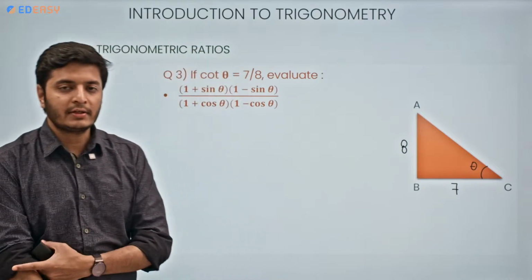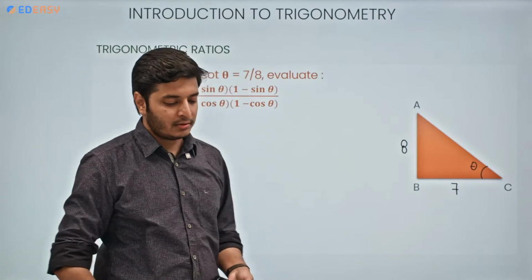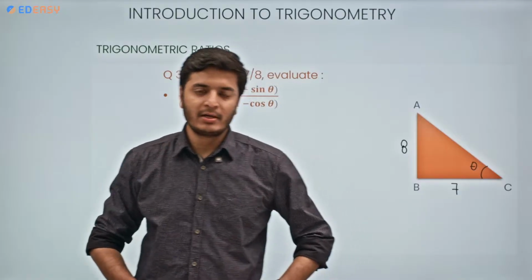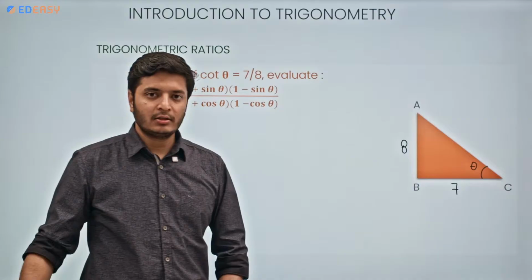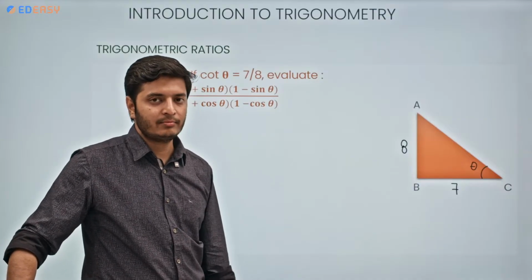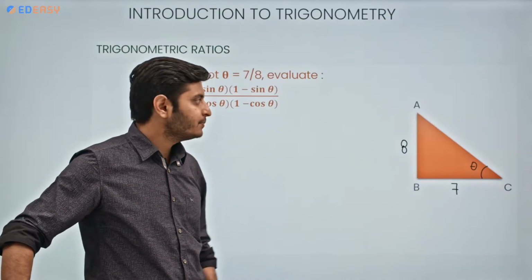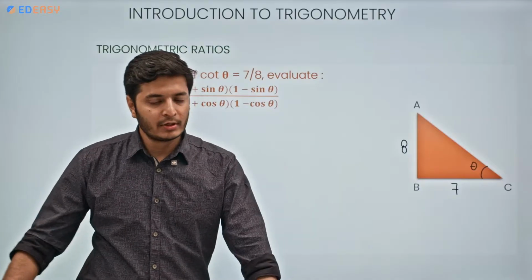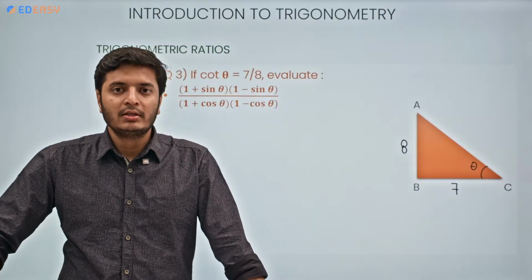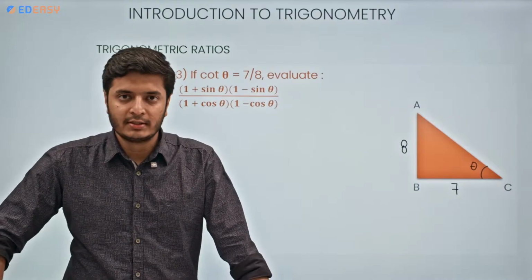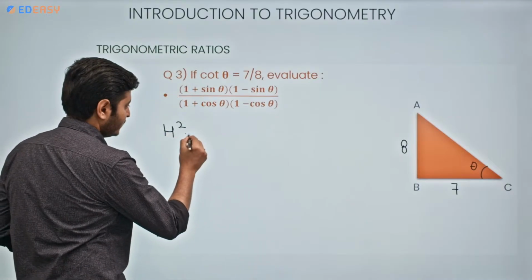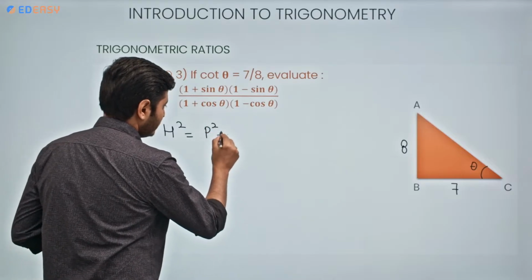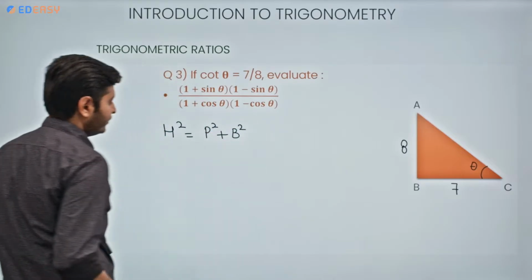According to one of the greatest mathematicians, Pythagoras, or one Indian mathematician is also there, Bodhayan, who gave away this theorem, Pythagoras theorem, even before Pythagoras. Hypotenuse square will always be equal to the sum of the squares of the other two sides, correct? Now h square is p square plus b square, correct?